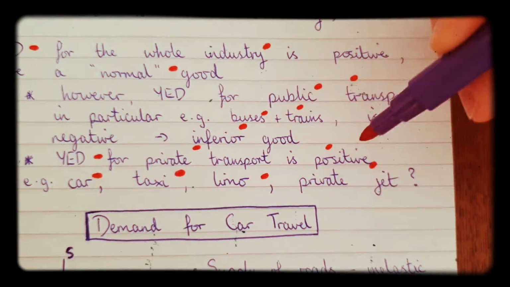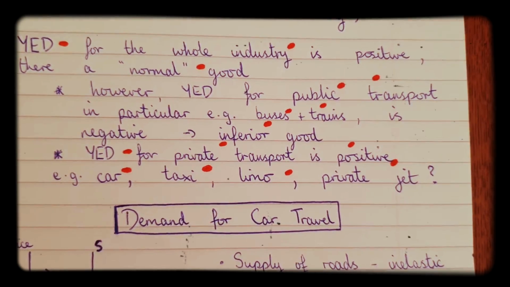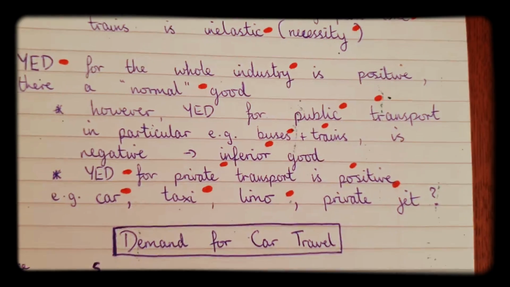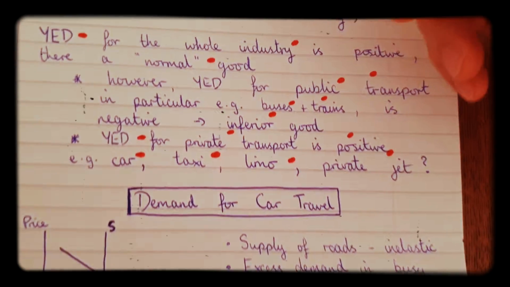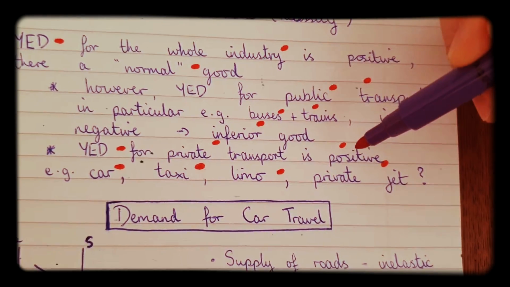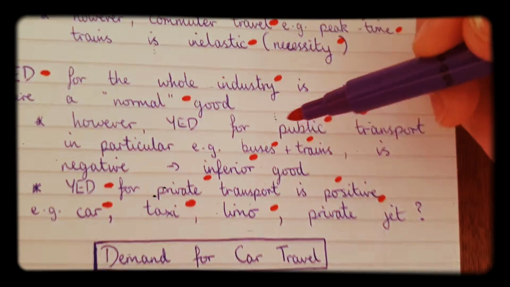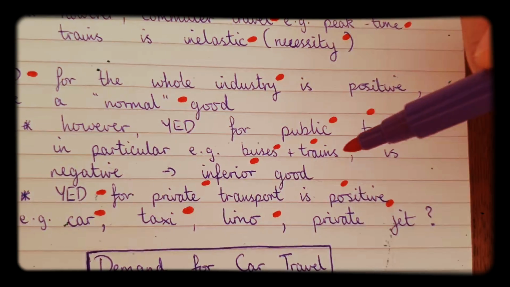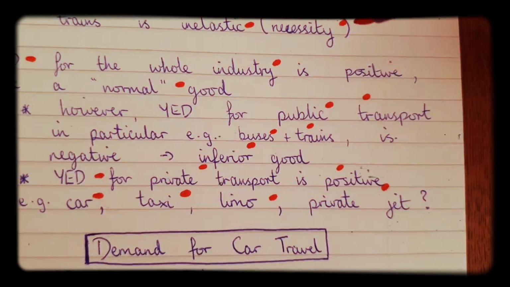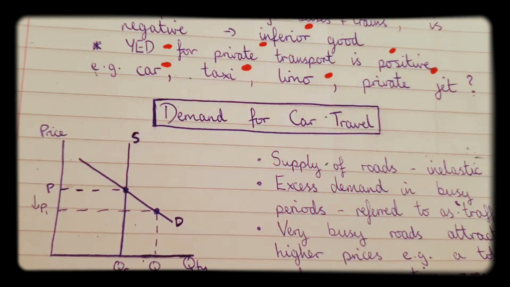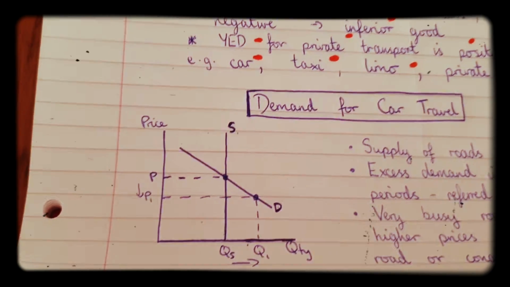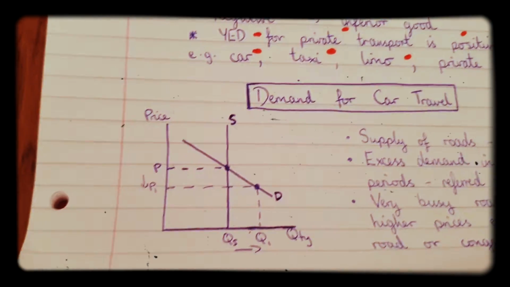And this is just to explain that the richer you are, the more private and luxurious your travel becomes. So the YED for private transport is positive, so it's a normal good, whereas public transport is an inferior good.